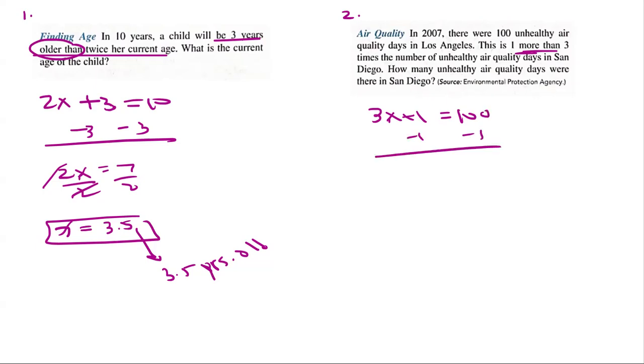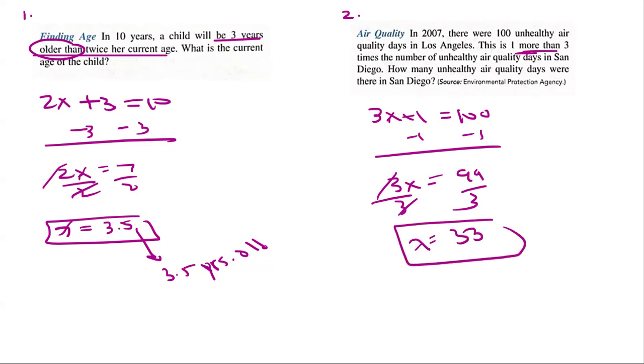Then we subtract both sides and divide by 3. So this will be 33 days.